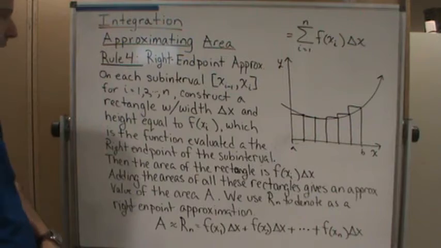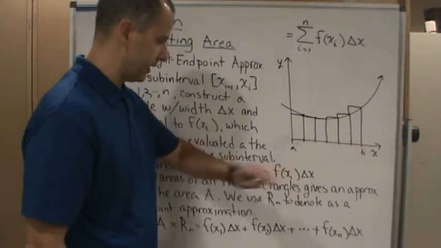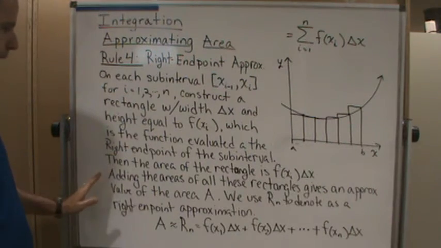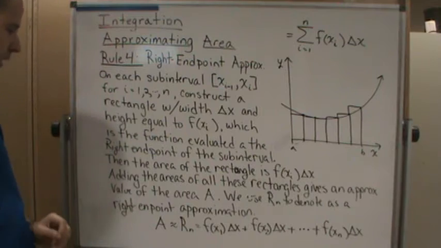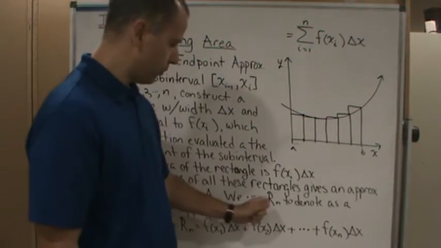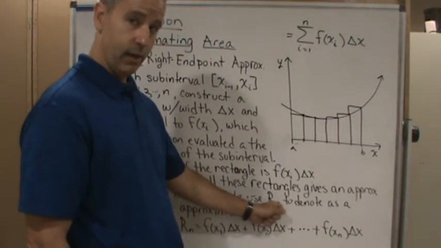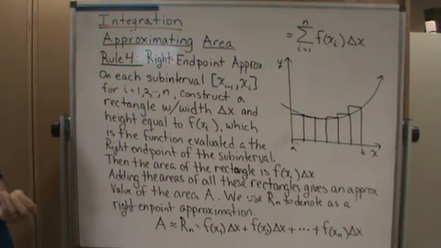Then the area of the rectangle is going to be given by f of x sub i times delta x. And then we add these areas of these rectangles to give an approximate value of the area A, just like before. And now in this case, we're going to use capital R sub n to denote the right endpoint approximation.